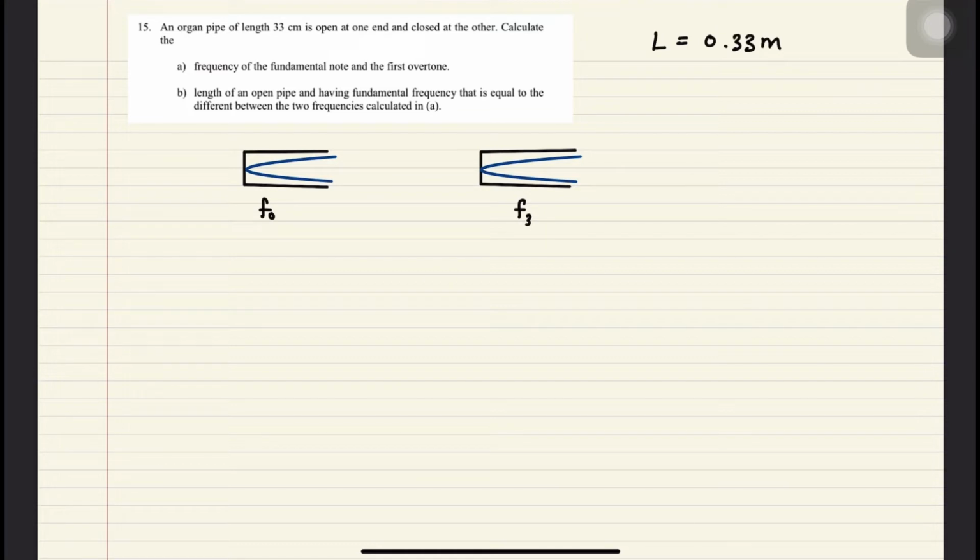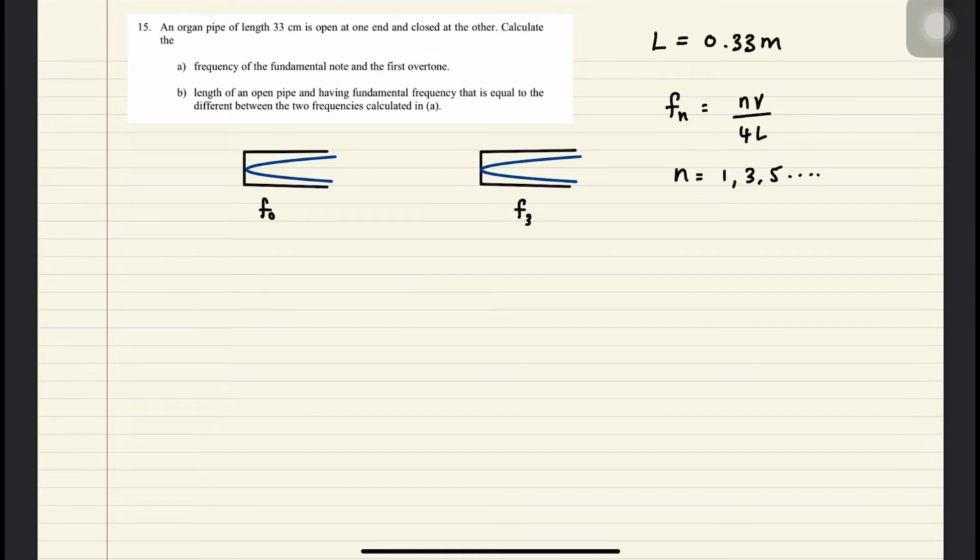Okay, because this is the open end, so you have to use Fn equals to nv over 4L. And remember that this one is the odd one, where n is equals to 1, 3, 5, and so on. So your fundamental is n equals to 1. The first overtone would be n equals to 3.